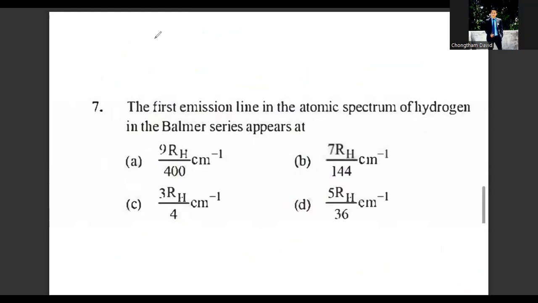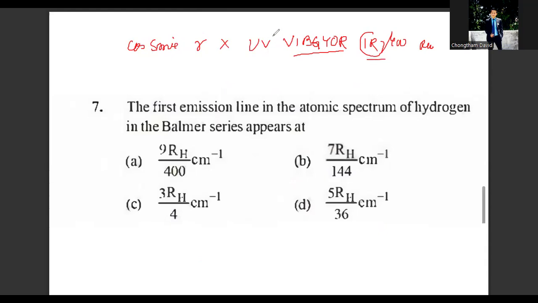The sequence of the electromagnetic spectrum starts from cosmic, gamma, X-ray, UV, violet, indigo, blue, green, yellow, orange, red, then infrared, microwave, radio wave. So you need to learn this series. Balmer will fall in the visible region, and IR is the region where Paschen, Brackett, Pfund, and Humphreys fall. UV is for the Lyman series.